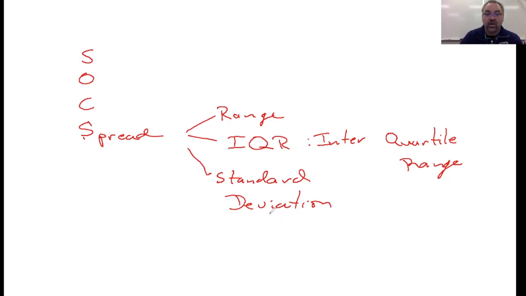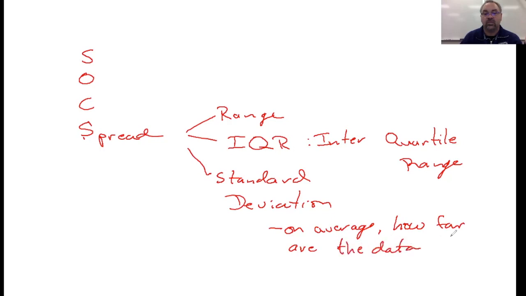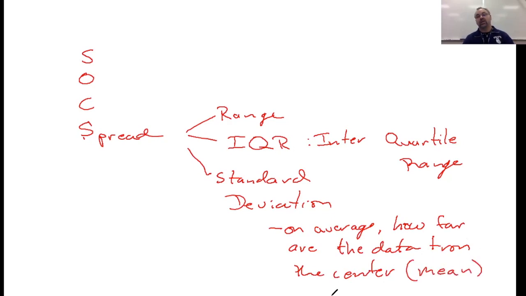Okay, so on average, how far are the data points from the center? And in this case, the center we're going to choose is the mean.